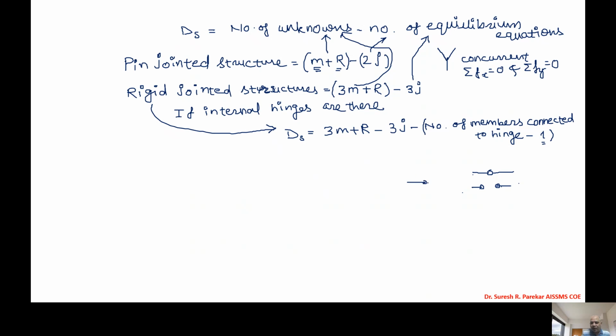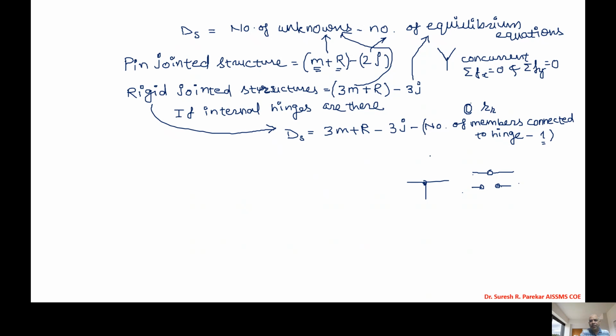If we have three members connected, then we are going to get this as 2. We will call this C, or the number of equations of release, R. C we already have in cuts, so we will consider R.